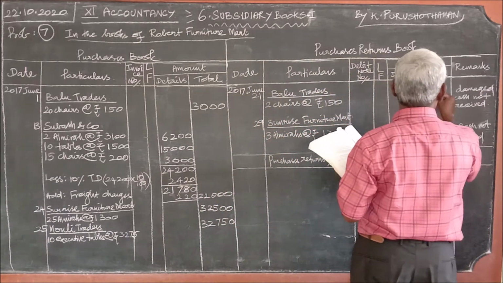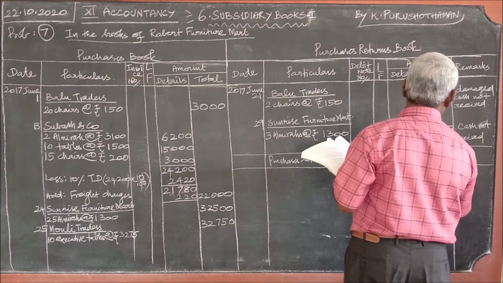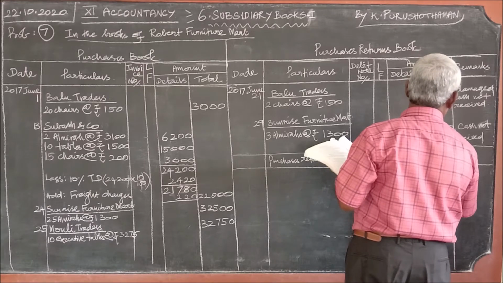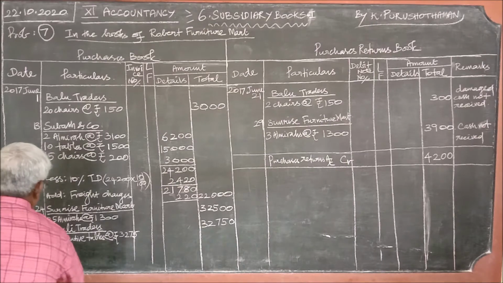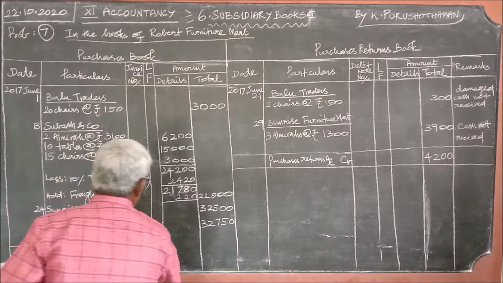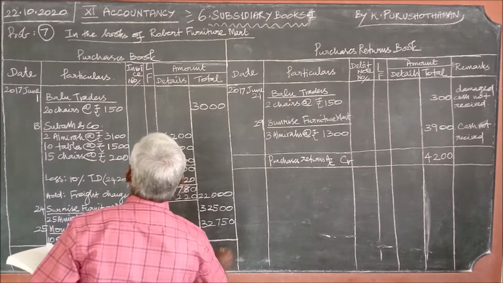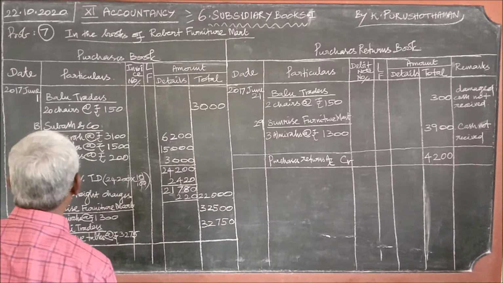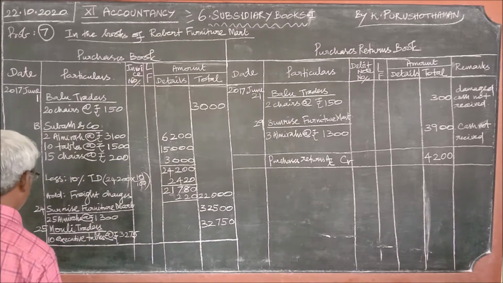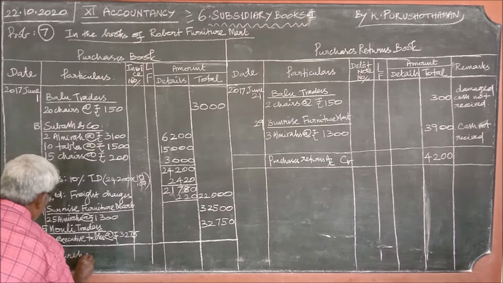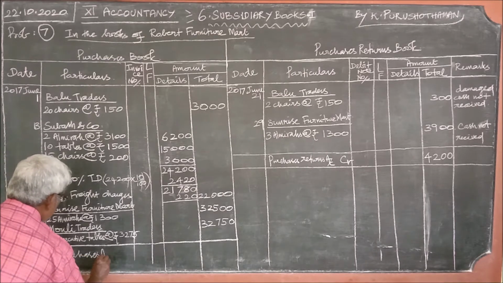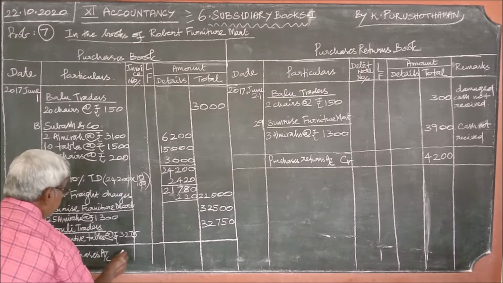So you add these two, 4,200. The purchases book total: purchases account debtor.